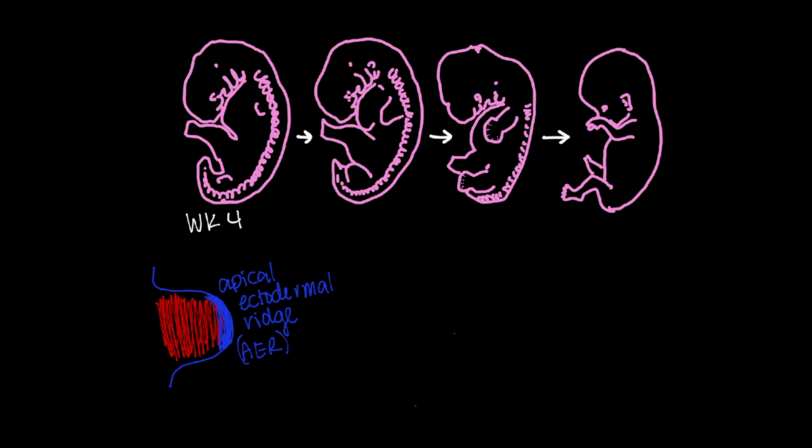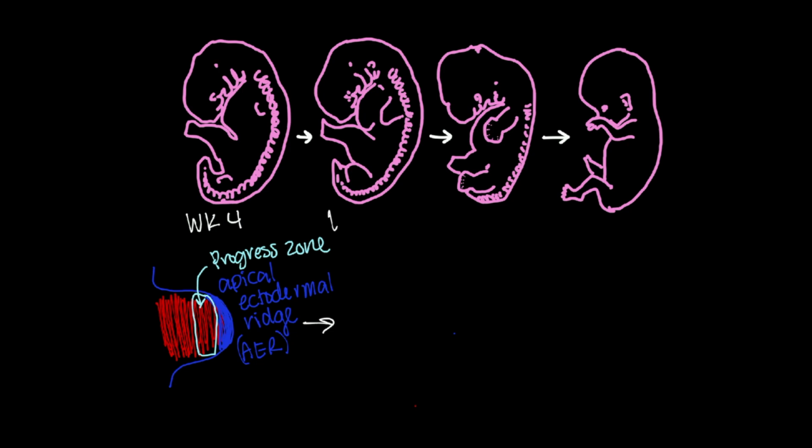It will tell the underlying mesenchyme to remain undifferentiated but to rapidly proliferate. And this region is called the progress zone. And essentially, the AER will tell the limb bud to grow longer and longer.